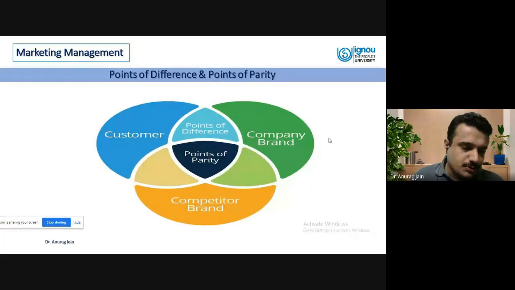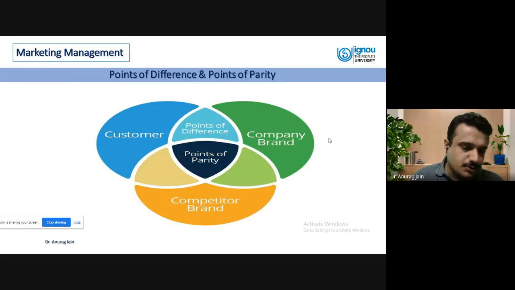Suppose you are comparing a particular brand of a bike. You will compare it with another brand of a bike, another company which offers a bike, not a moped, not a car, right? So category membership is really important whenever we talk about points of difference and points of parity.